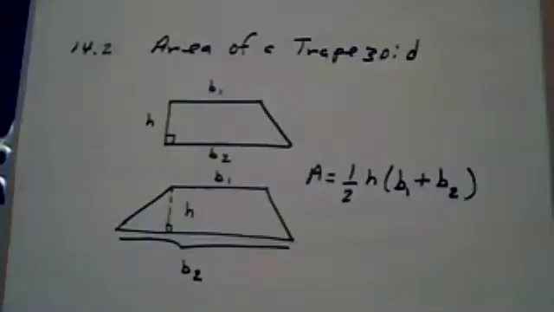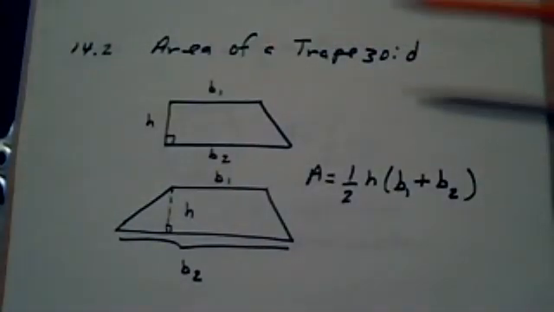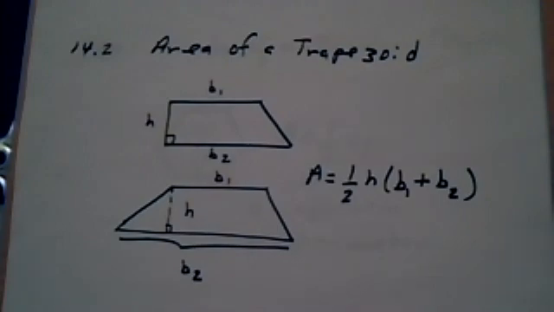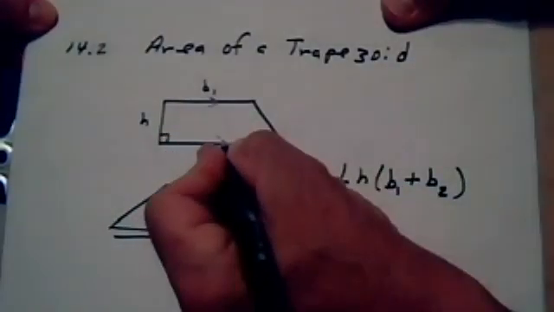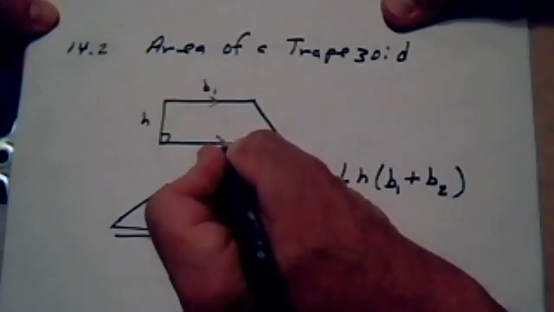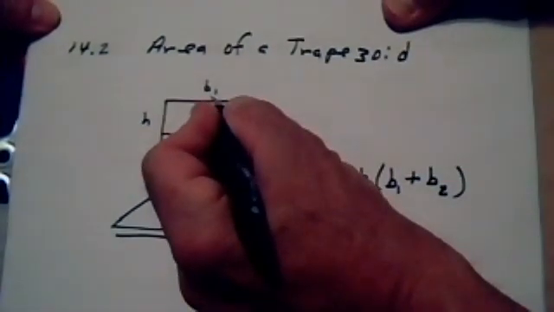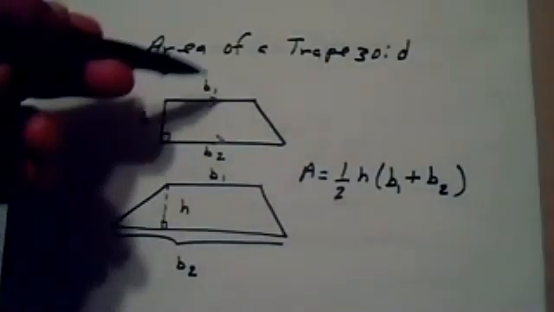The area of a trapezoid. What's a trapezoid? Well, a trapezoid has a pair of parallel sides. One pair of parallel sides. So the ones that you call bases are parallel.